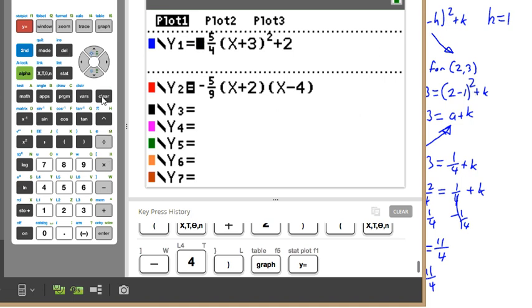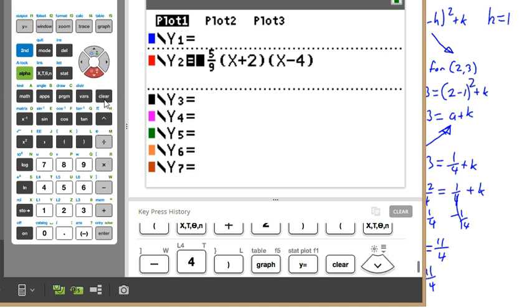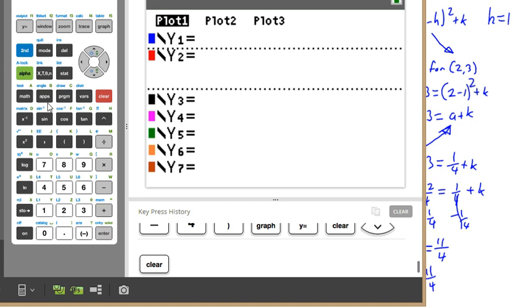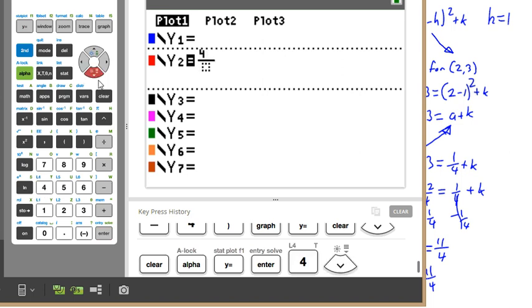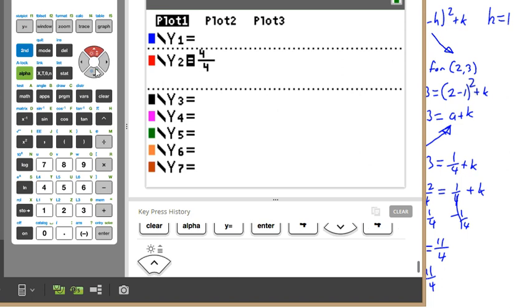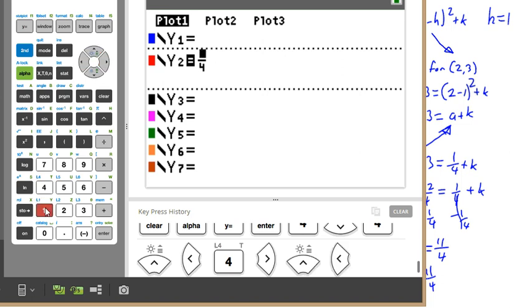So we clear these out. We have 1/4. Oops, I put 4/4. Need to do that. 1/4. There we go.